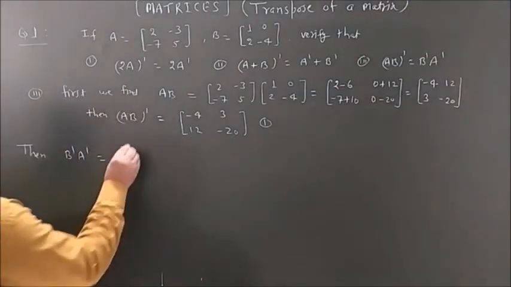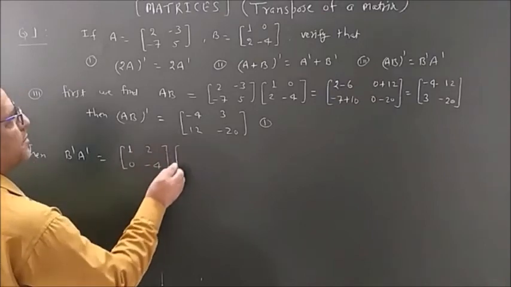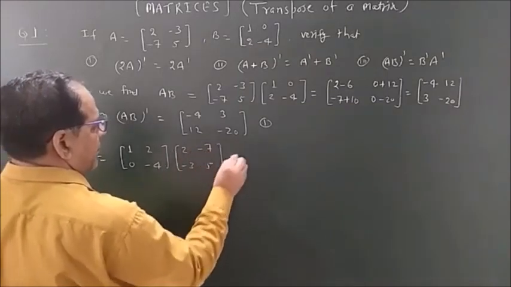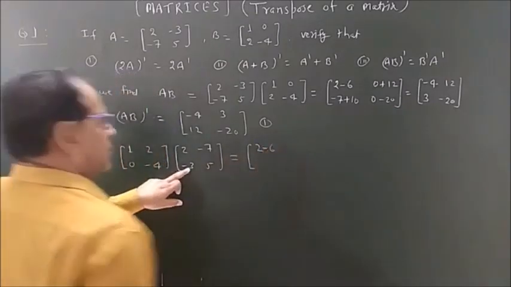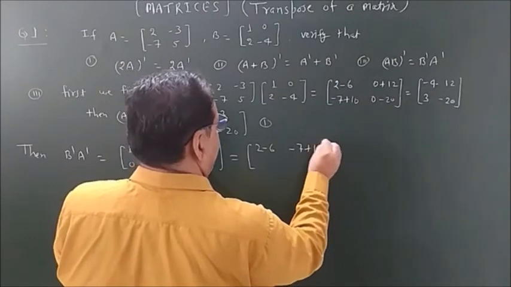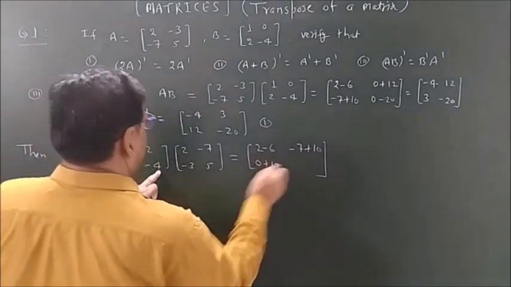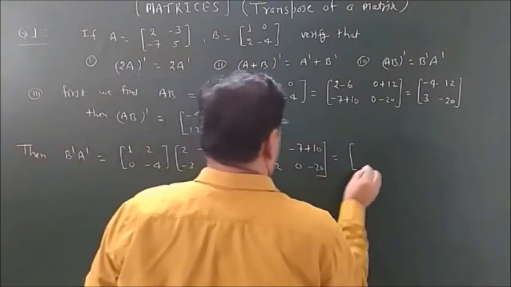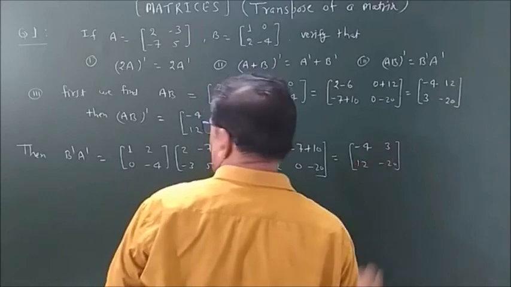The transpose of B, [1, 2; 0, minus 4], multiplied with A dash, that means [2, minus 7; minus 3, 5]. Multiplying: 1 times 2 plus 2 times minus 3 gives minus 4, 1 times minus 7 plus 2 times 5 gives 3, 0 times 2 plus minus 4 times minus 3 gives 12, and 0 times minus 7 plus minus 4 times 5 gives minus 20.